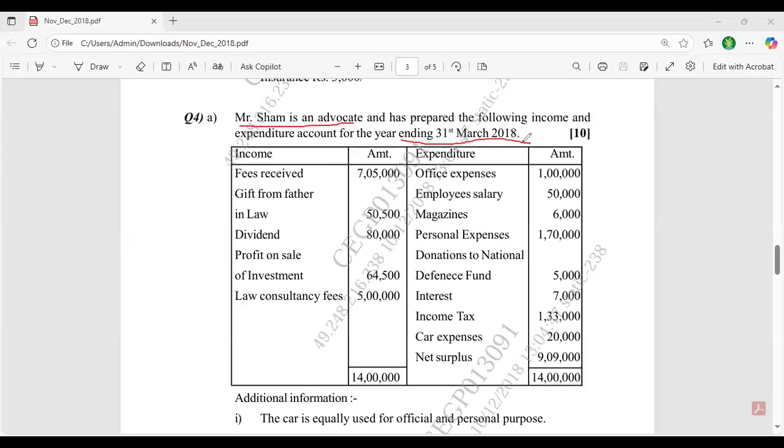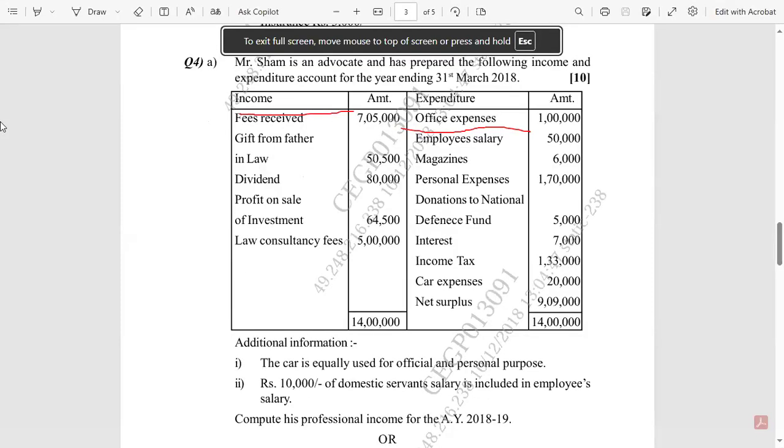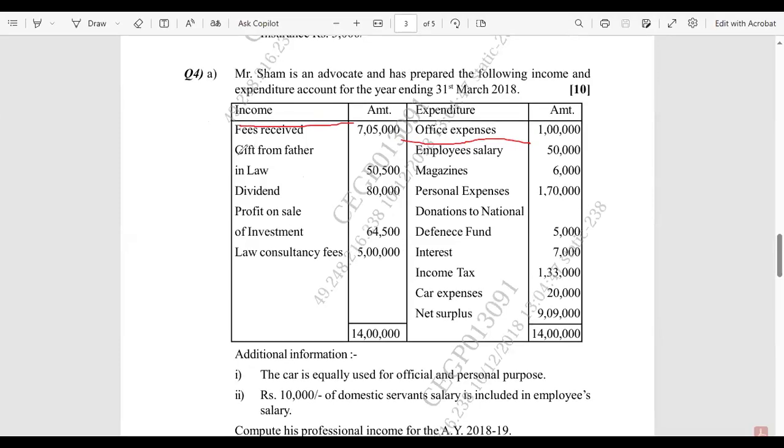So whatever expenses are allowed for an advocate, we will allow, but non-advocate expenses we will not allow. Gift from father. Now when father gives him a gift, it can be father-in-law, or it can be real father. In both cases, this cannot be income.